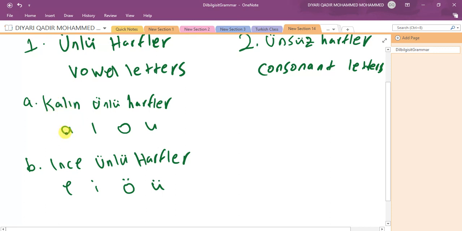For example, we say a, o, u. Let's call these men letters, just to remember. Otherwise, it's not officially called men's letters, but this is to make it easy to remind you which category we are talking about.